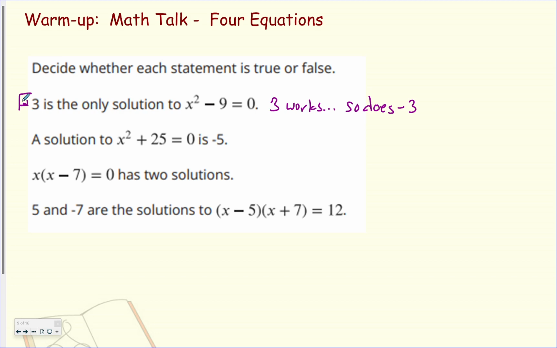Okay, how about this equation? A solution to x squared plus 25 is negative 5. Well, let's try it out. Negative 5 squared plus 25. Negative 5 times negative 5 is positive 25, plus 25 is 50. So this one is also false.